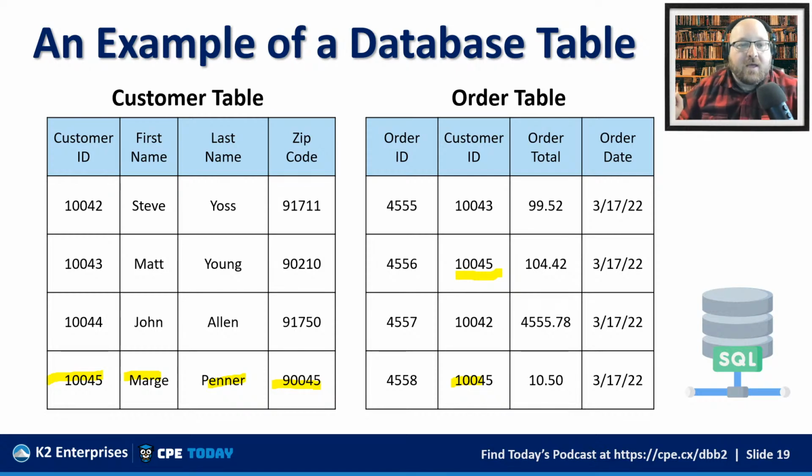Let's say we had customer ID 10046. Okay, that could be Janelle. Well, if we know that it's 10046, we can then go and look up to our customer table and see 10046 is Janelle and see that she lives in Arizona and pull that information directly into our report. There's no need to duplicate or repeat yourself on a table by table basis.